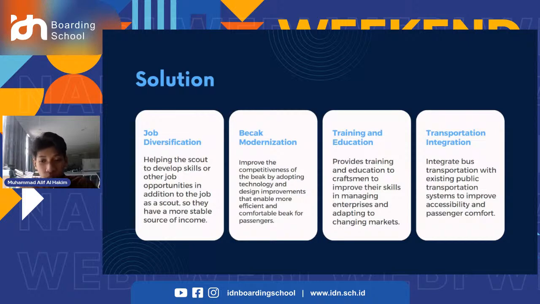And four, transportation integration: integrate becak transportation with the existing public transportation system to improve accessibility and passengers' comfort. This is for the solution: job diversification, becak modernization, training and education, transportation integration.